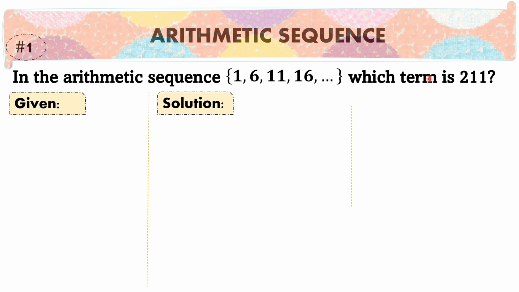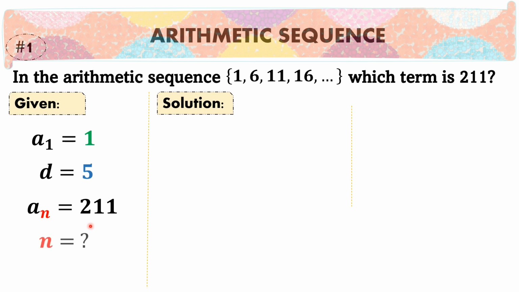So let us identify the given. A sub 1 is 1. D, by subtracting consecutive terms backwards, D is 5. The a sub n is 211. What is n?